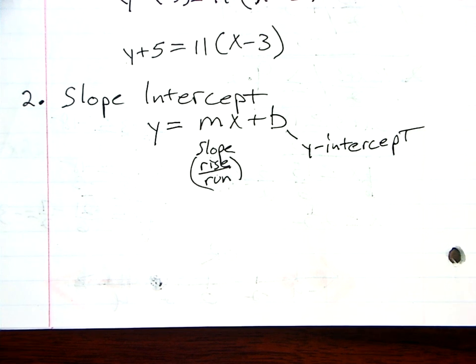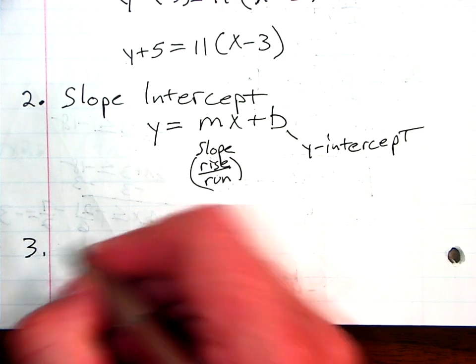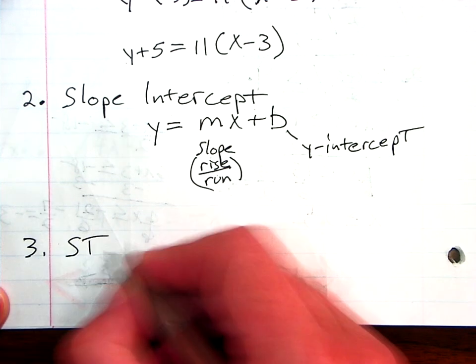All right, so number 1 was point slope. Number 2 is slope-intercept. Does anyone know what number 3 is? Good job, Gabby. Standard form.